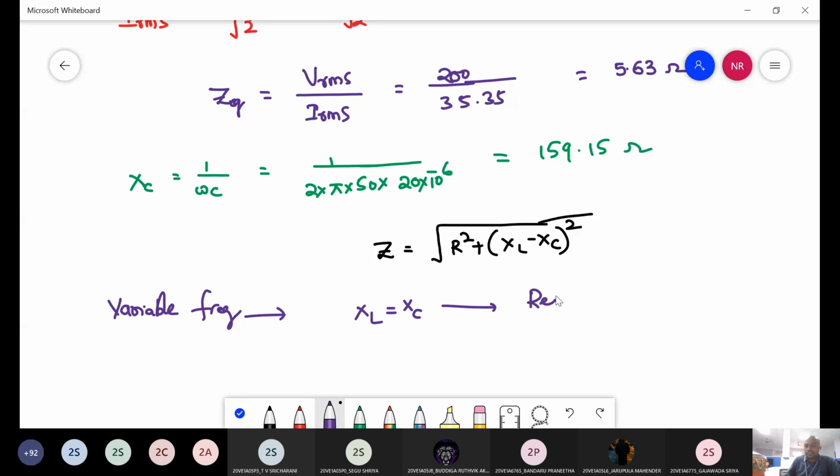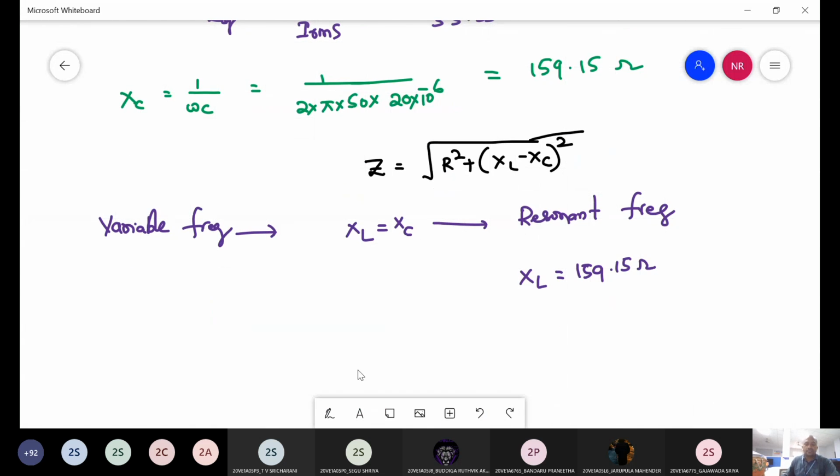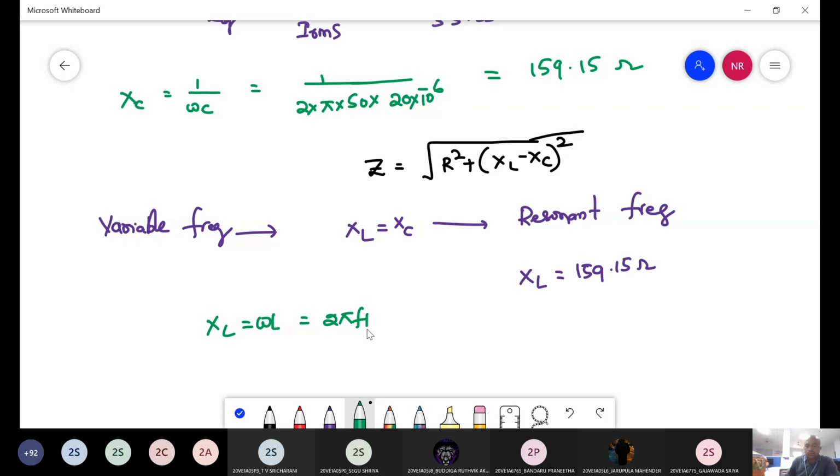This is the resonant frequency. Where XL is equal to XC, XL is also 159.15 ohms. XL is equal to omega L, omega is equal to 2 pi f, so 2 pi f L is 159.15.